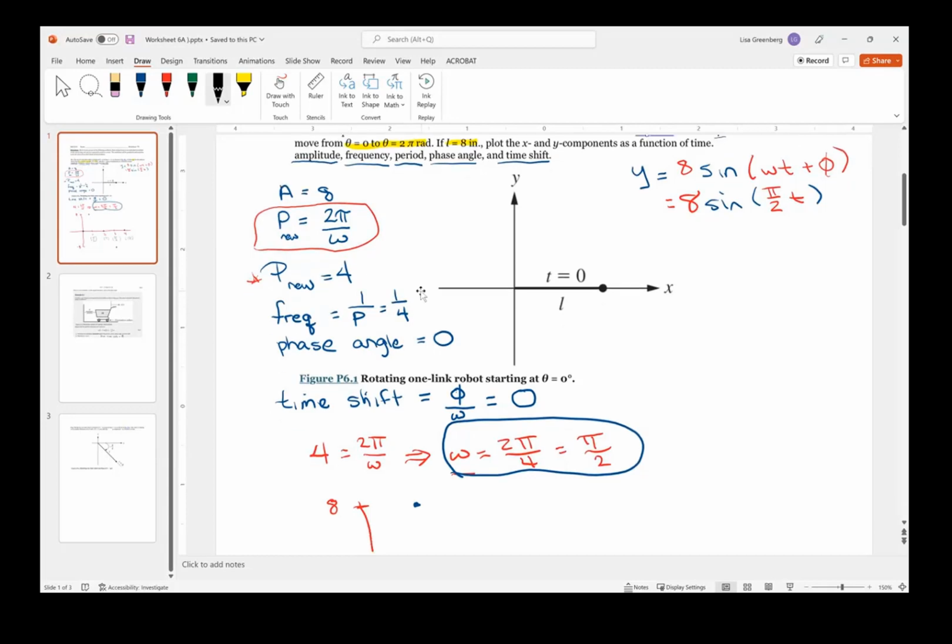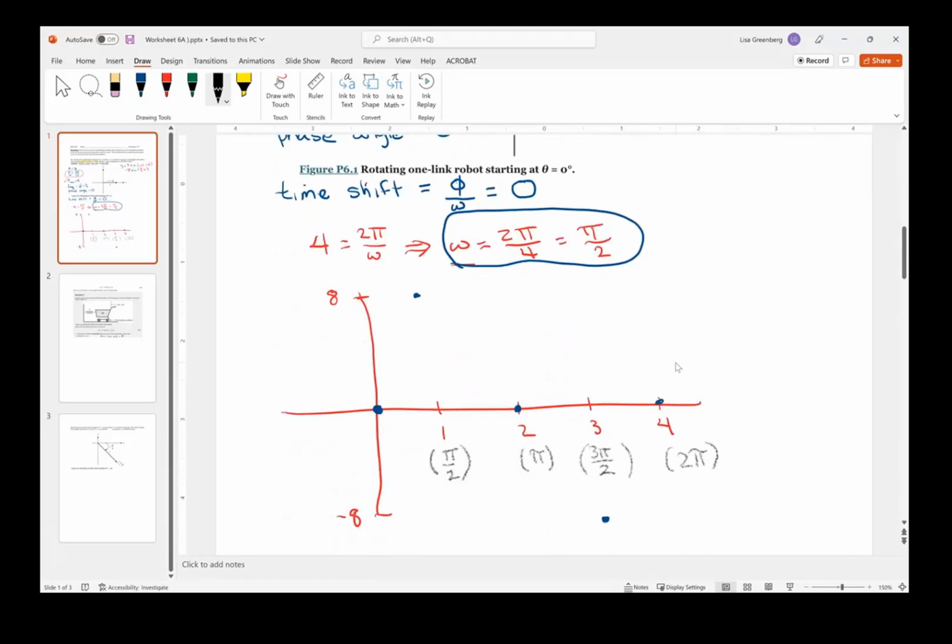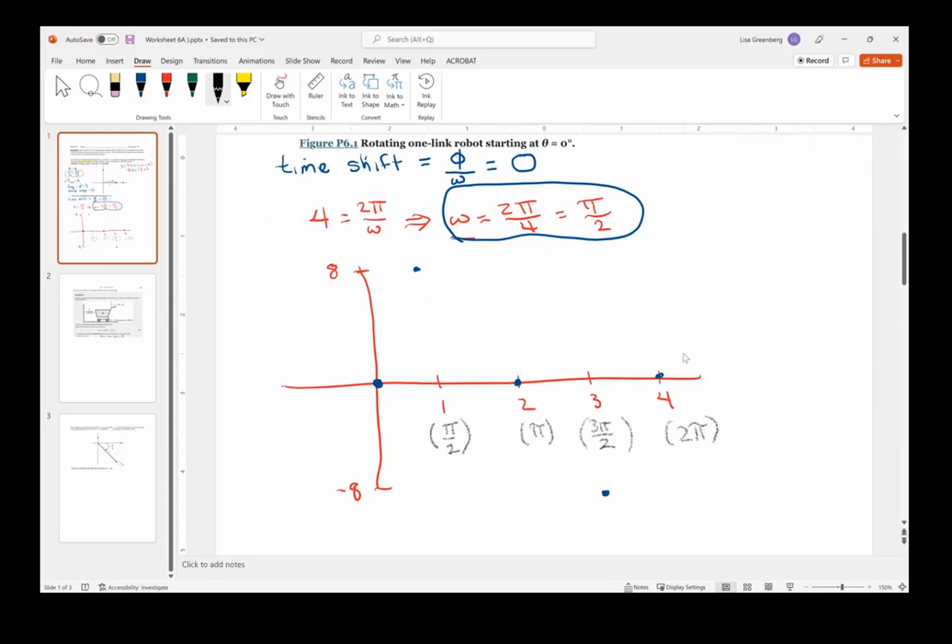After I found what omega is, omega is pi over 2, which means I would have had to divide each one of these by pi over 2.